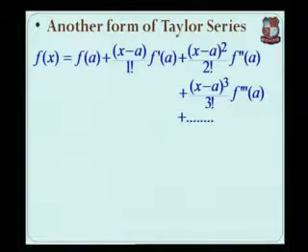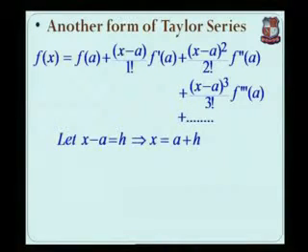Now in this formula, in the right side there is one bracket x minus a. So if we take x minus a equal to new variable h, then obviously x is replaced by a plus h. So in the previous formula where x minus a is given, at that time we replace by h, and if x is given, that is replaced by a plus h.